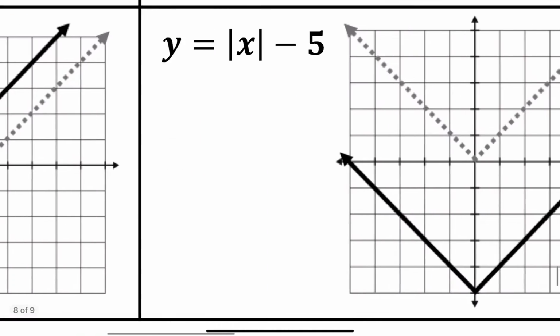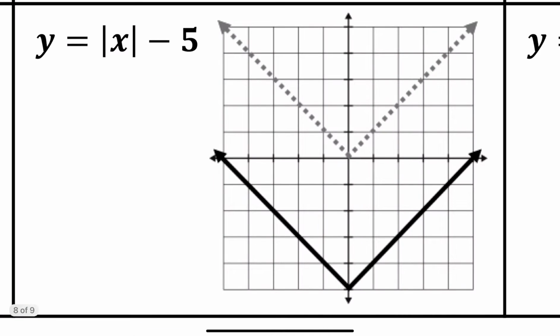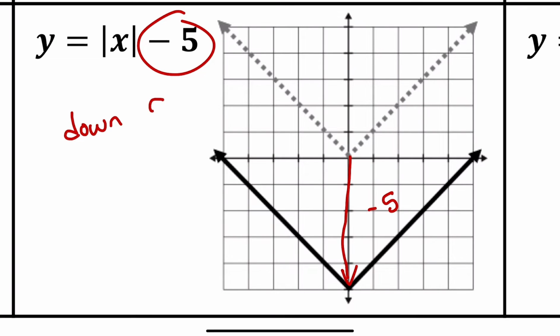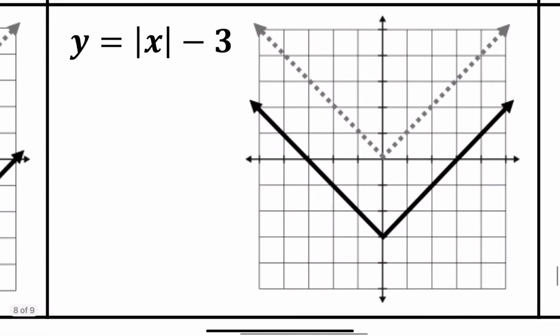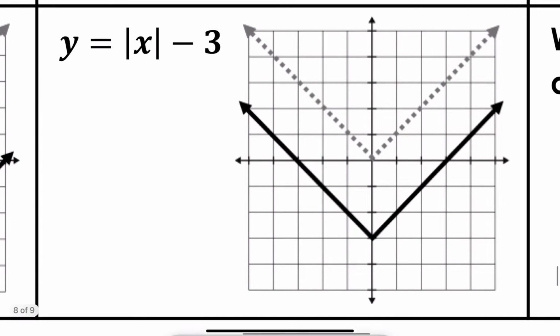All right, what about the next one? Let's see. We started up here, and then we moved down. Looks like 5 units, which makes sense because that's a -5, so it moved down. Okay, and then let's see. Again, we're moving down, and that's a -3.